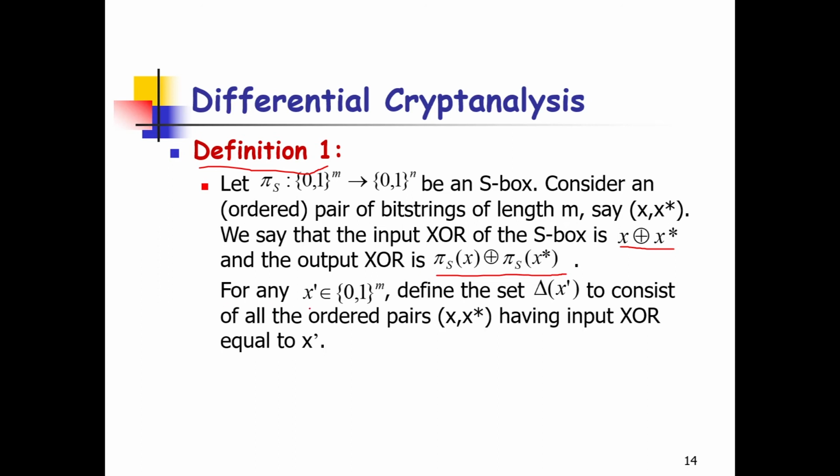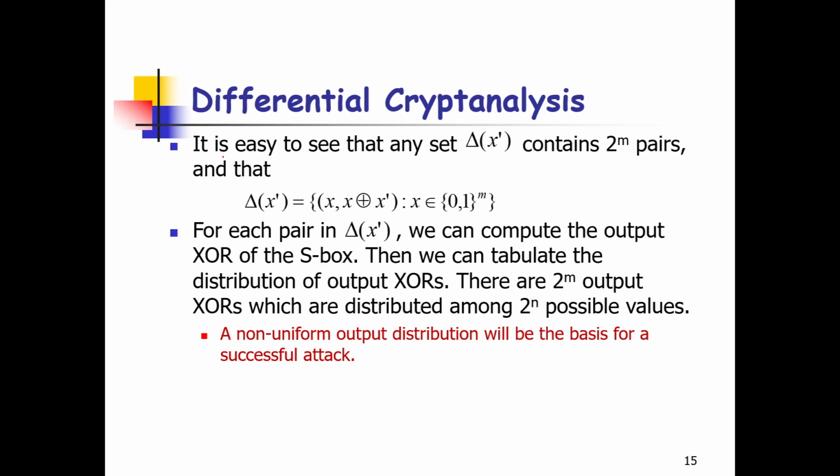For any x dash from this set, define the set delta x dash to consist of the ordered pairs x and x star having the input XOR x dash. It is easy to see that any set delta x dash contains 2 to the power m pairs.